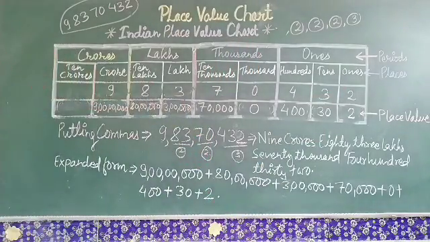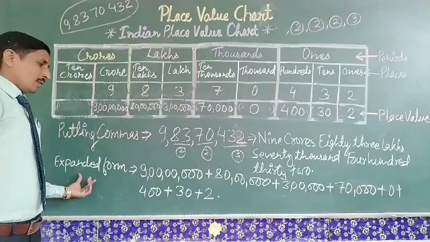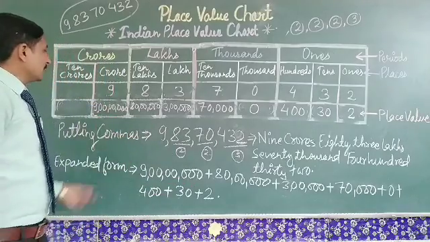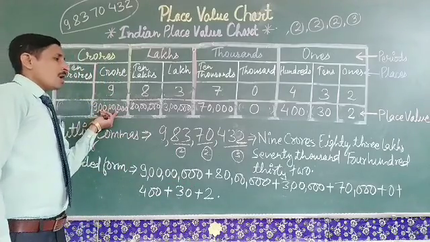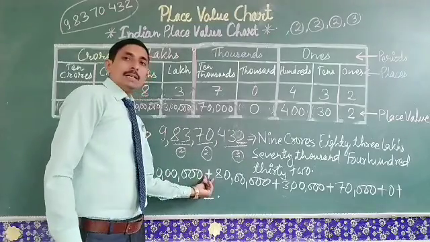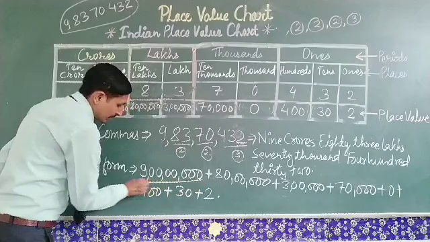So in this way we can write the given number in expanded form. Expanded form means writing the place values of the digits and putting plus signs.